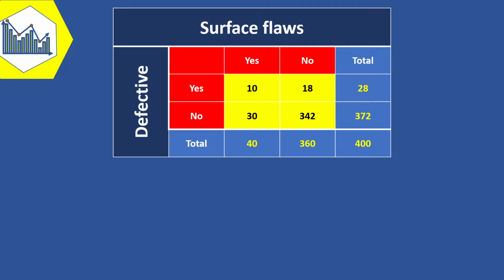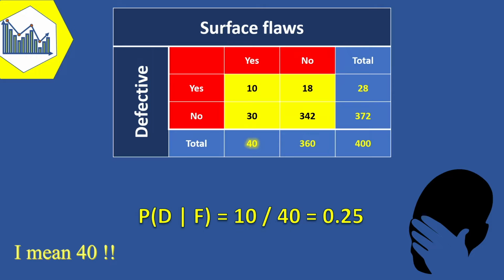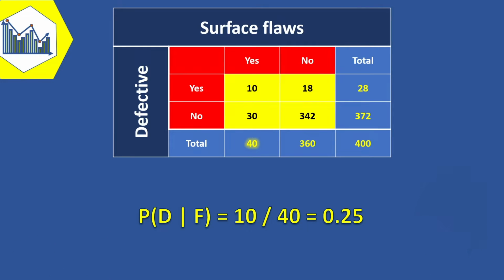For this table, the conditional probabilities match those discussed previously. For example, of the parts with surface flaws, I mean these 40 parts, the number of defective ones is 10. Therefore, the probability of D given F is 10 over 50, that equals 0.25.